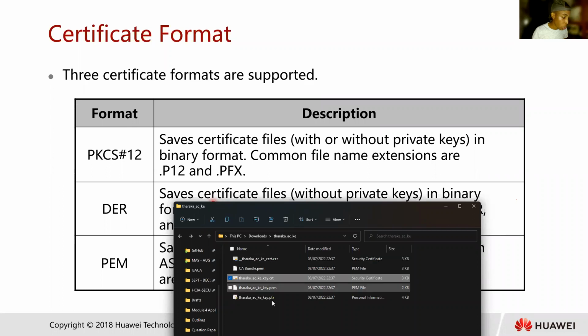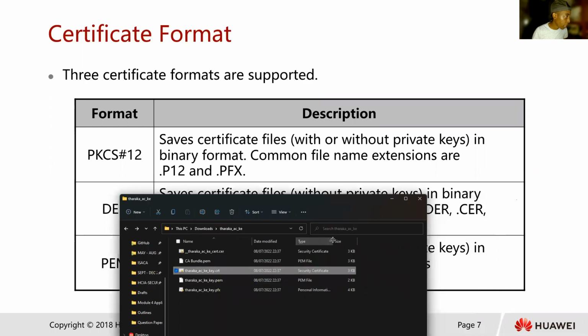You can see the .pfx, right? You can also see .cer. And you can see they are different, and some have even been identified by Windows. These are security certificates. These are personal information exchange files, something of that sort.